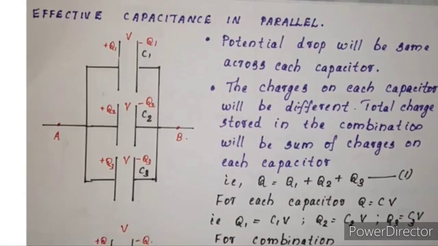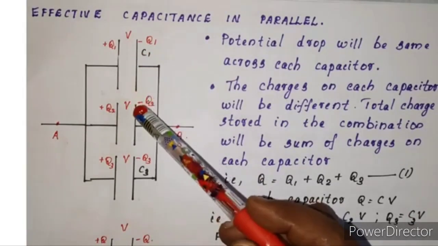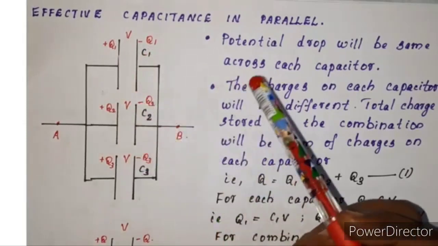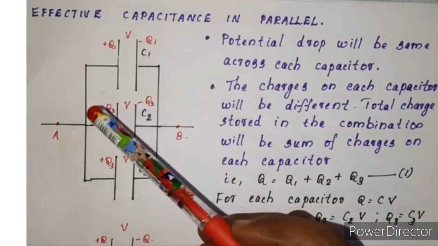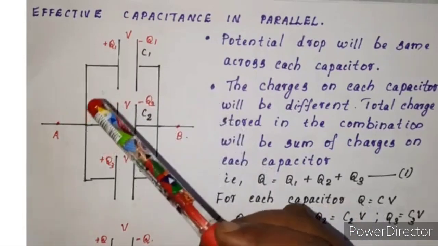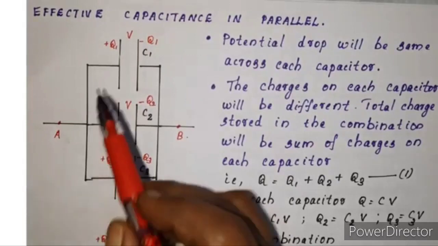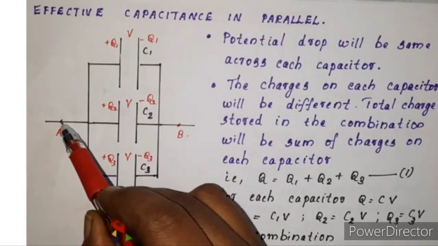Now, effective capacitance in parallel. So here we have three capacitors of capacitances C1, C2 and C3 connected in parallel. The important point to be kept in mind regarding parallel combination is this: when we are connecting in parallel, all these three ends are at the same potential.